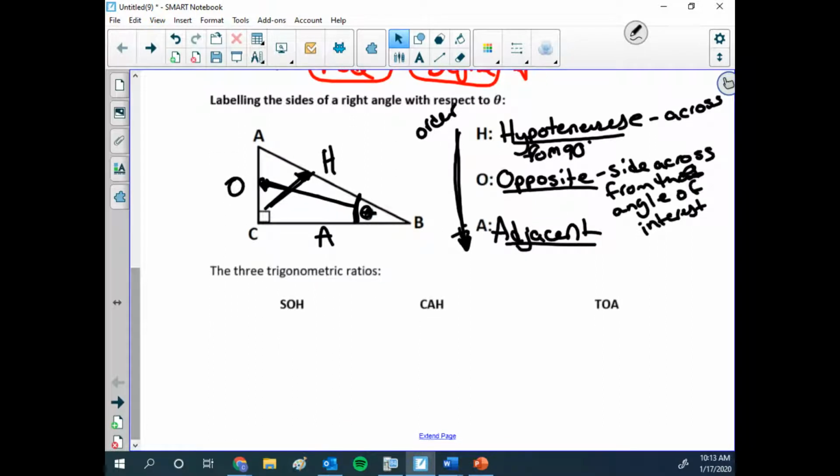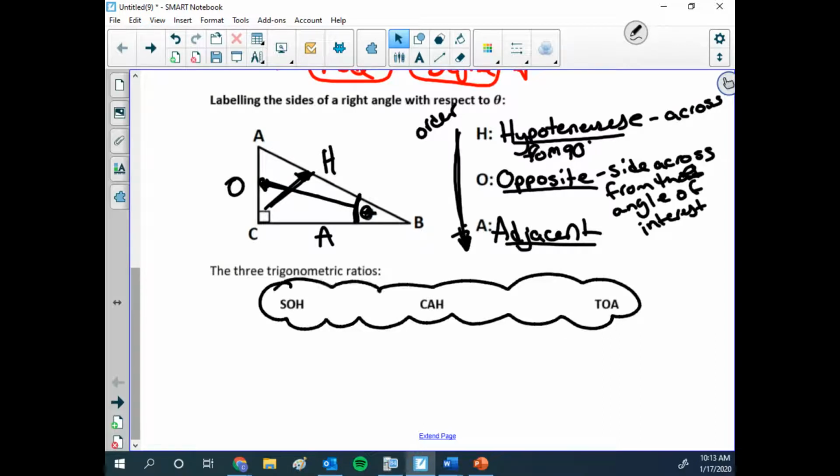All right, so on the test, what you're going to be given is this little mnemonic to remember: SOH CAH TOA. That's all you're given. You need to be able to create the trig ratios given that mnemonic device.